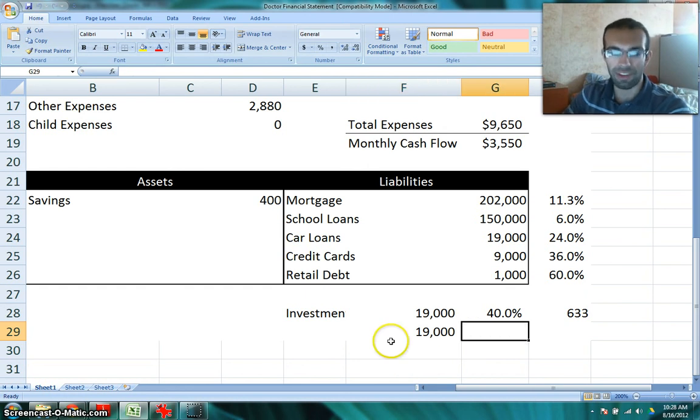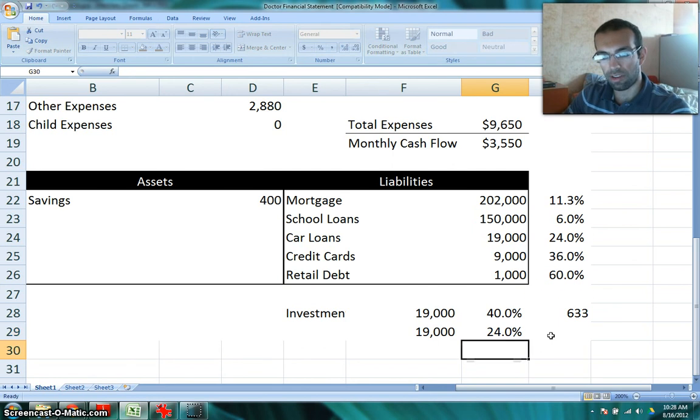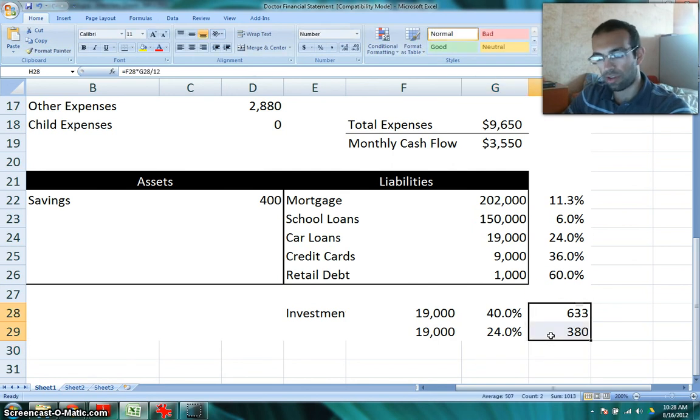There are other options, like I could pay off just my credit card debt and my retail debt, but we're going to look at just these two options. The interest on my car loan is 24%, so that would translate to $380 of monthly cost that I have to pay.